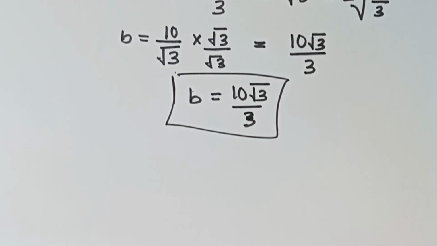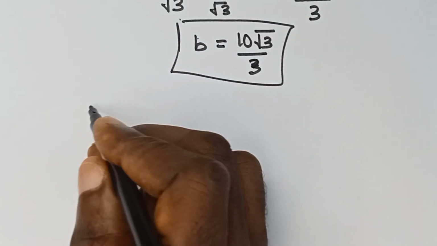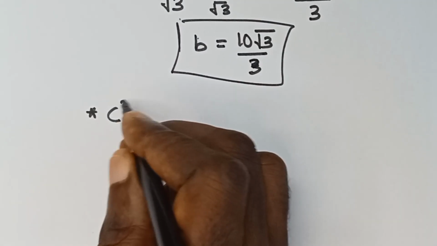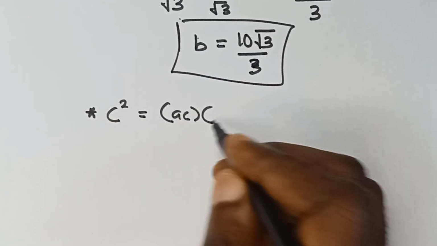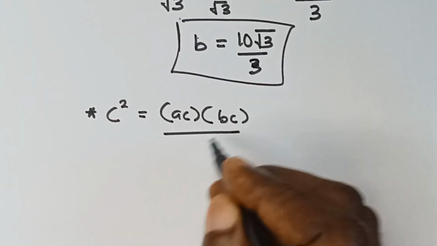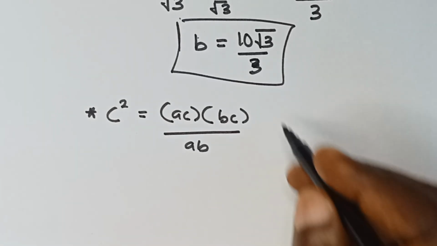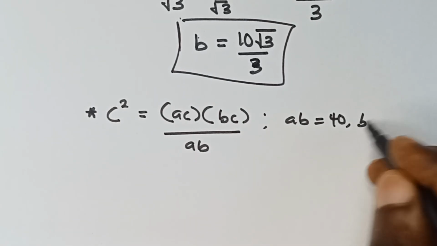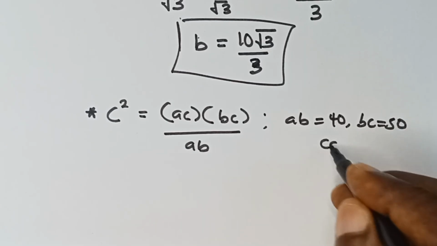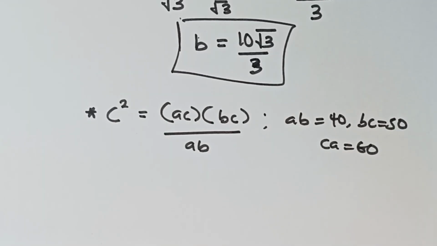Now let's find our C. Don't forget we have to use C square equals AC multiplied by BC over AB. Let me quickly write what these are: AB is 40, BC is 50, and CA, which is AC, is 60.